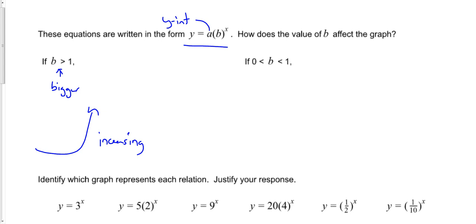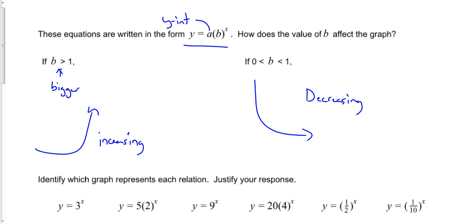However, if the b value is between 0 and positive 1, then the graph looks something like this. It's going down from left to right, which means it's decreasing in value. Generally speaking, the bigger the b value is, the faster the rate of increase.